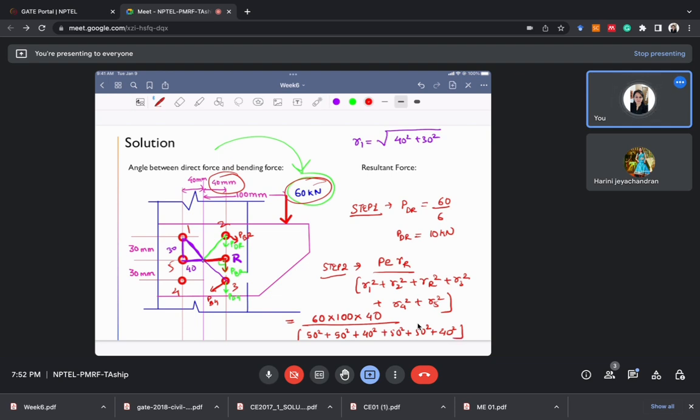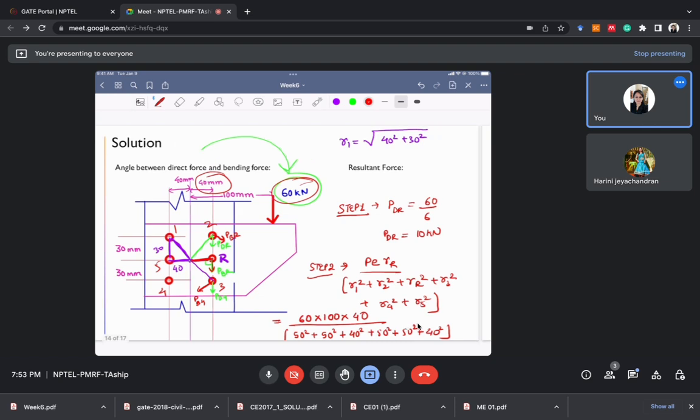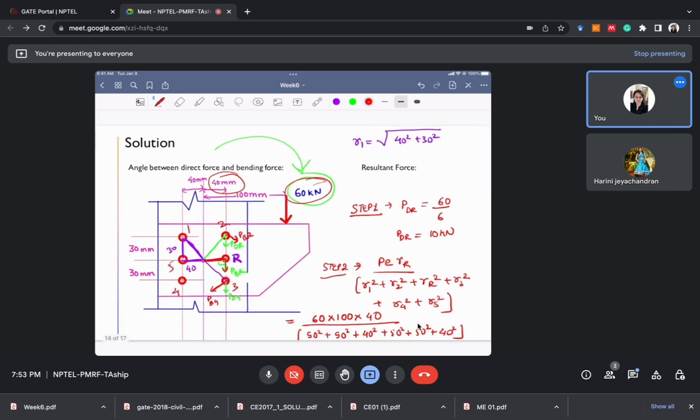So you need to solve this whole thing. So are you getting 18.18?